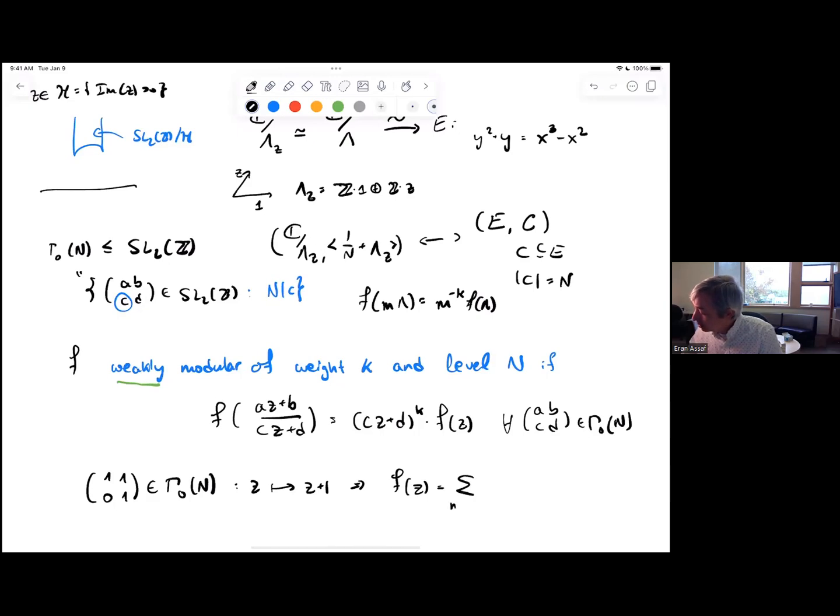Well, one can always write Q expansions like this, where Q is e to the 2 pi i Z, basically transforming this domain into a punctured disk.